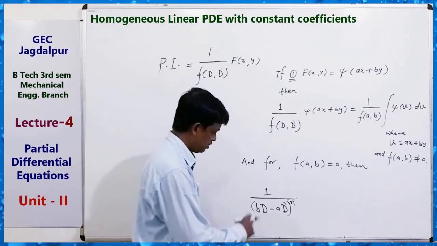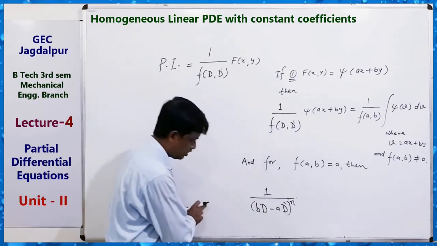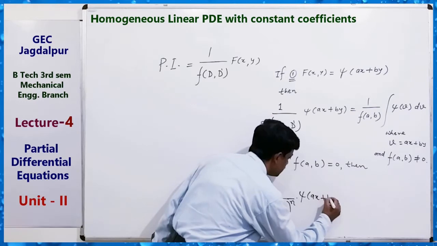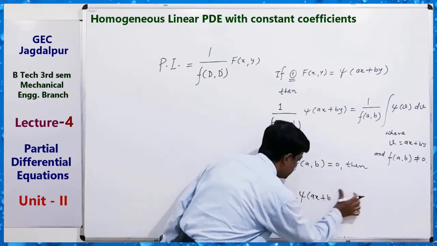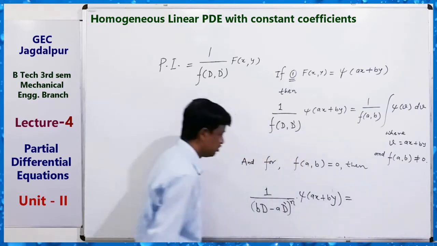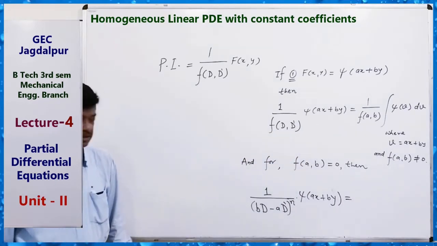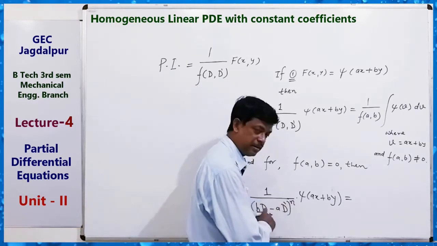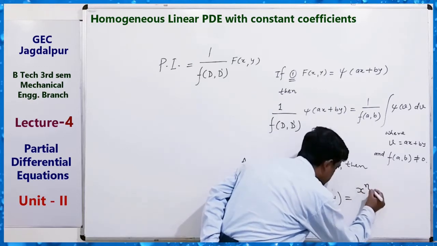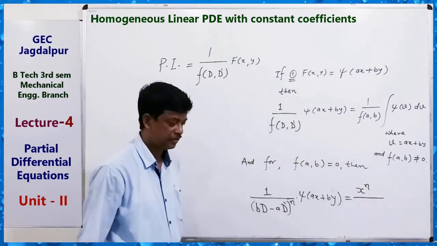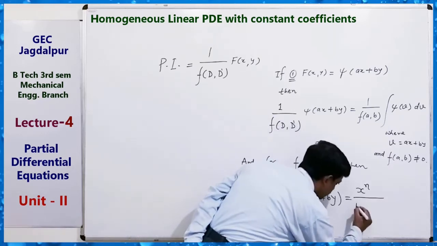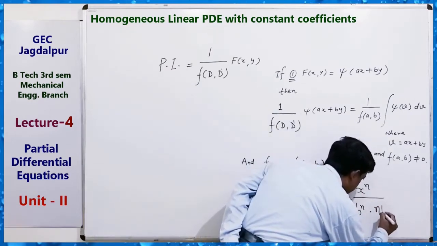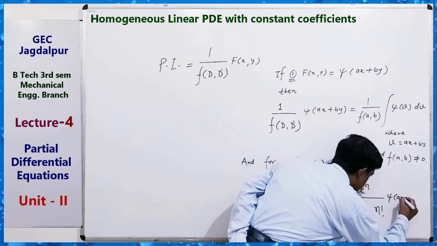So if this, and maybe another factor here also, psi of ax plus by, then the formula is x to the power n upon b to the power n factorial times psi(ax plus by).